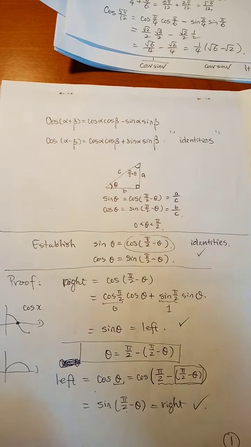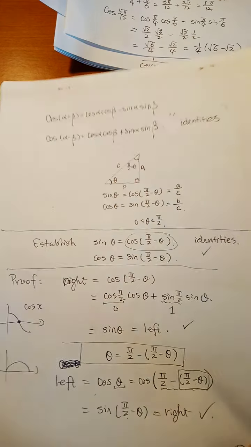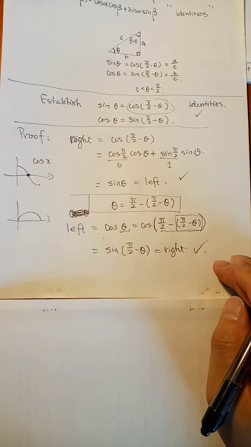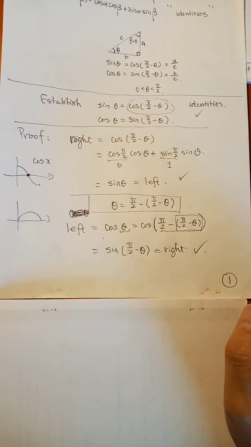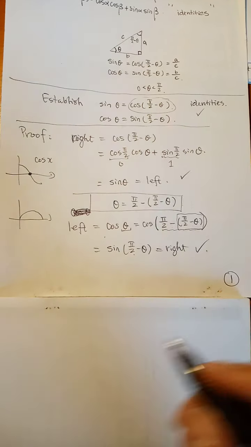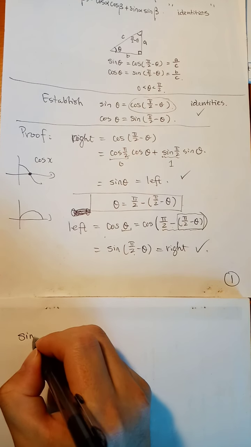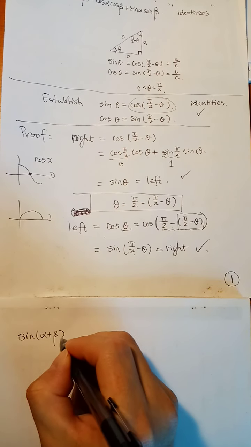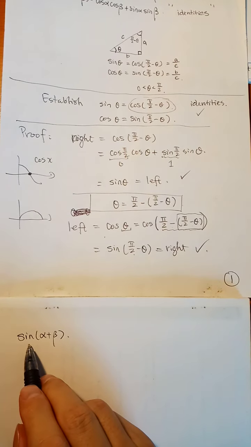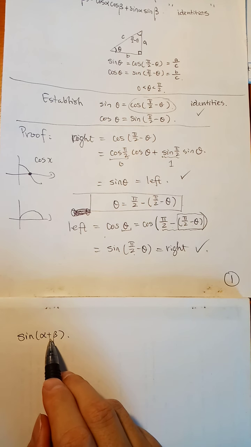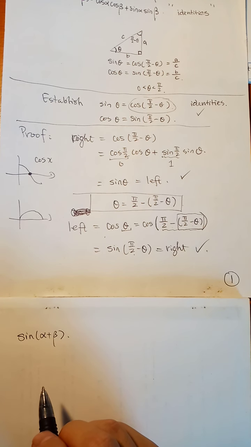Okay, so from this identity, actually we can get the sum and the difference rule for sine. So how do we do that? For example, I just do one computation. Sine alpha plus beta.